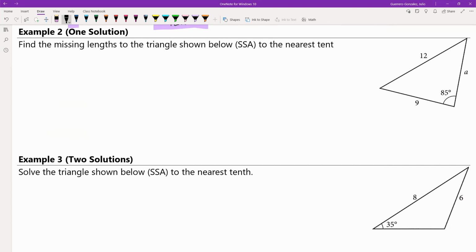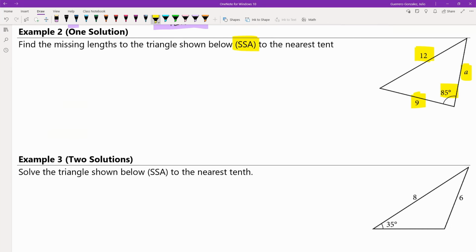Notice how I have this set up over here. I have an angle, side, side. Which is the word backwards. All right, so let's say I wanted to find side A.